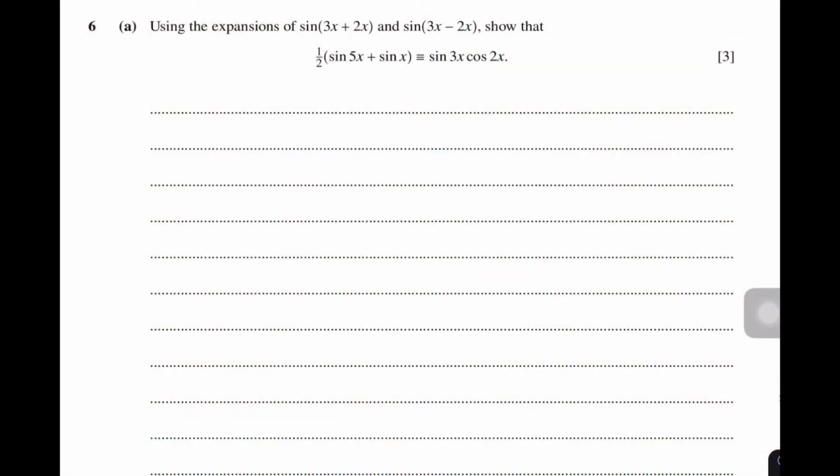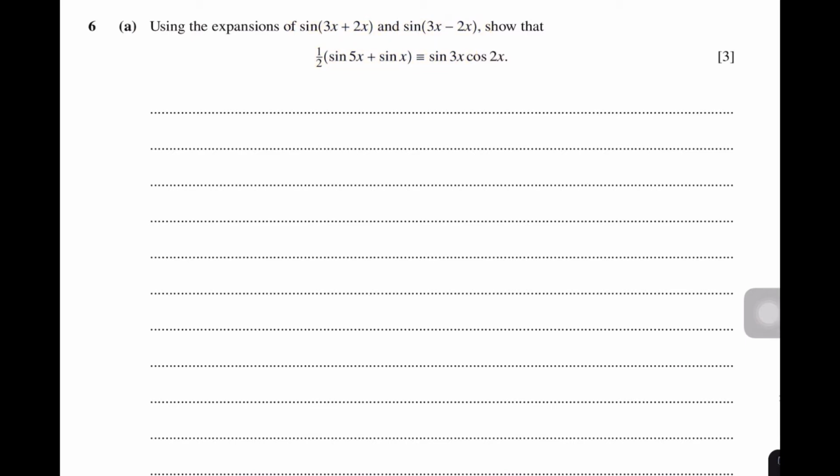Using the expansion of sin (3x plus 2x) and sin (3x minus 2x), show that half of (sin 5x plus sin x) is identical with sin 3x cos 2x.